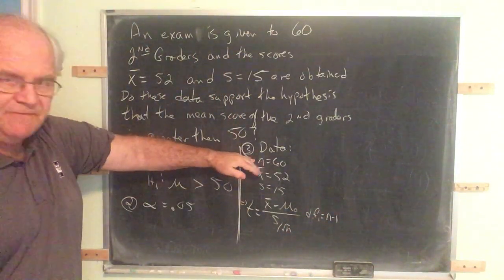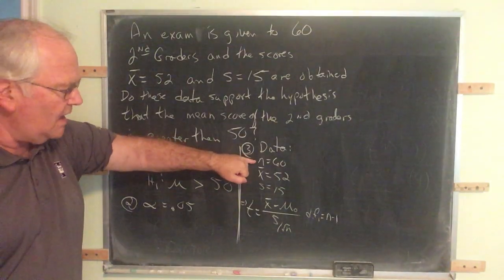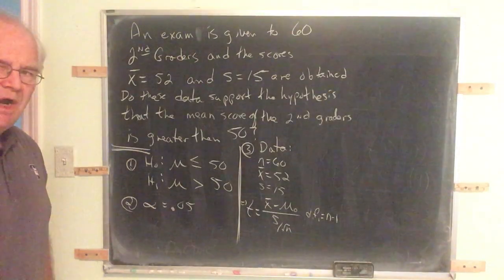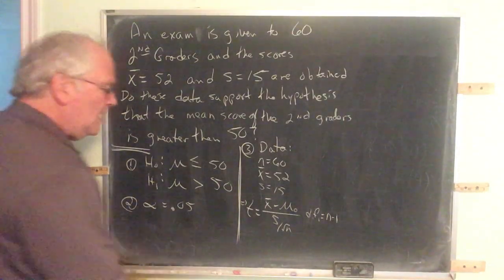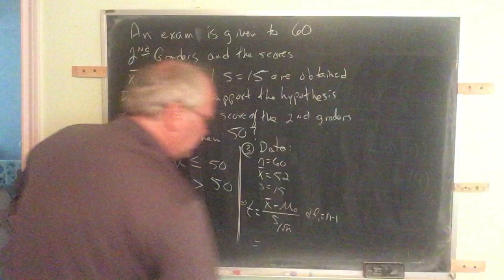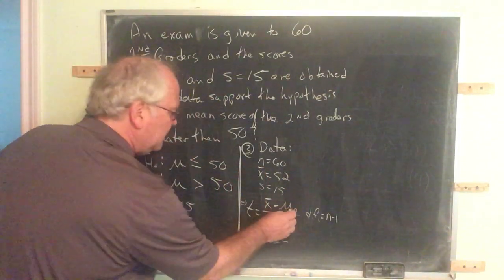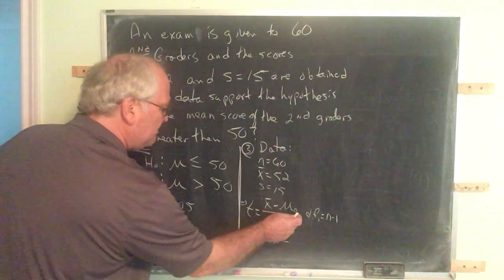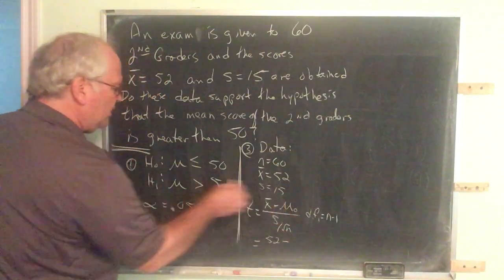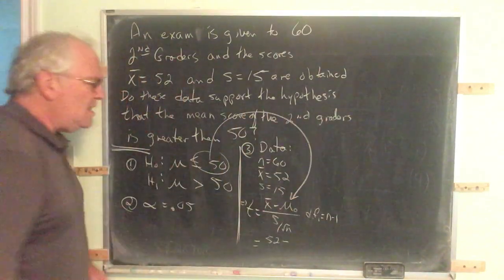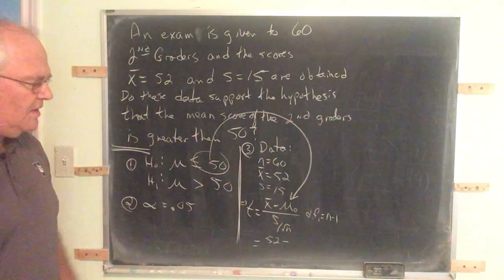Have we met the sufficiently large requirement? Yes, our sample size is 60, and so the sufficiently large requirement bell has been rung. We need now to just substitute and simplify. So x bar is 52 minus, what do we find here? What is the subscript 0? Subscript 0 means it is the value from the null hypothesis.